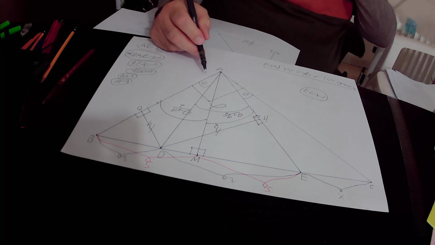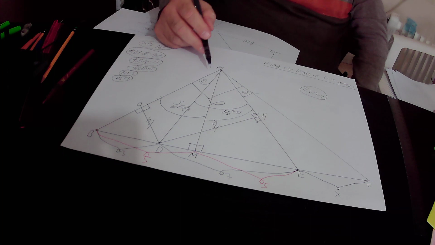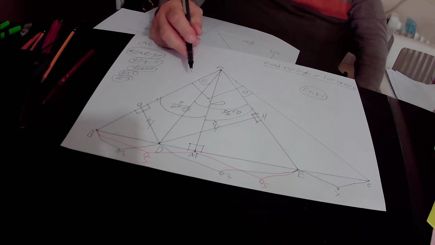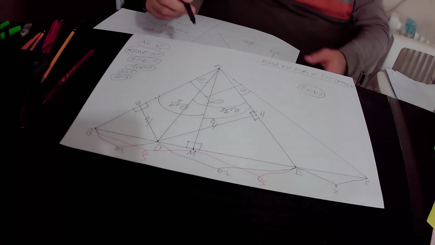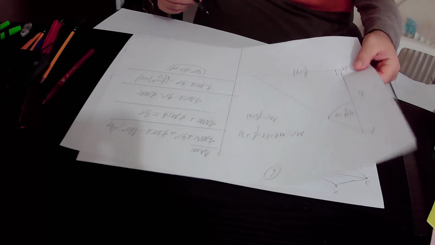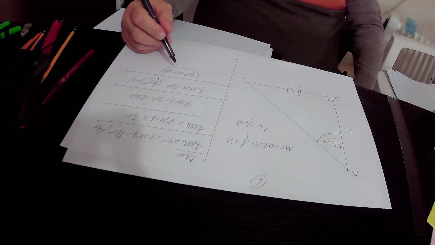From one side, angle BAC equals 90 degrees, from the other side, angle BAC equals 2 theta plus alpha. Therefore, we conclude that 90 degrees equals 2 theta plus alpha. We did it and we will not repeat it.